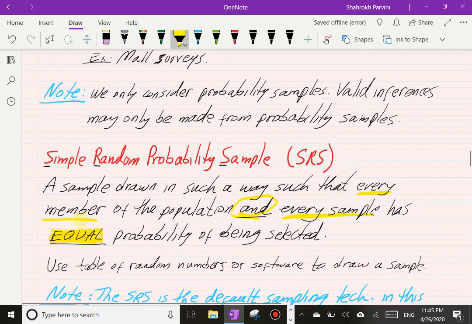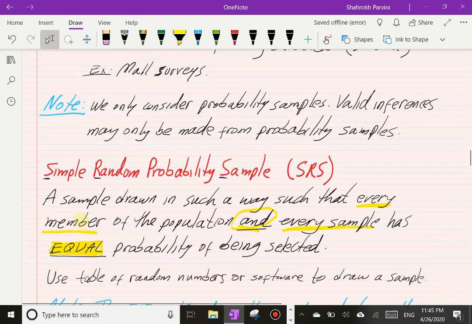But how do we actually do this? Well, we can use the table of random numbers, and those are usually at the end of every statistics textbook. Some author has like 1,000 random numbers, and then you can go to a random row and column and start selecting your members or sample participants.